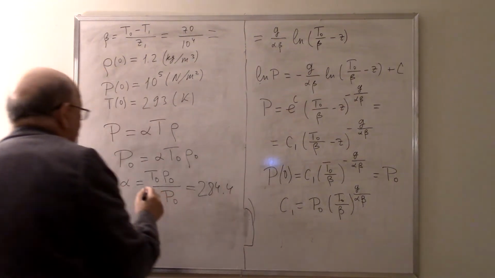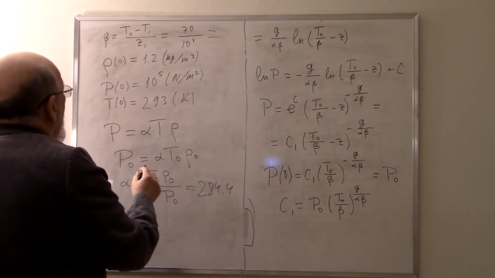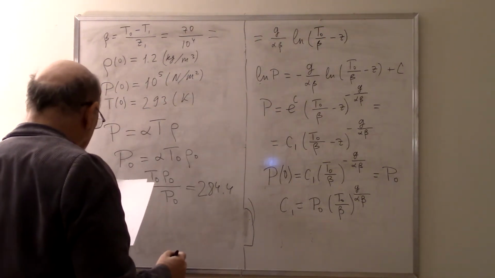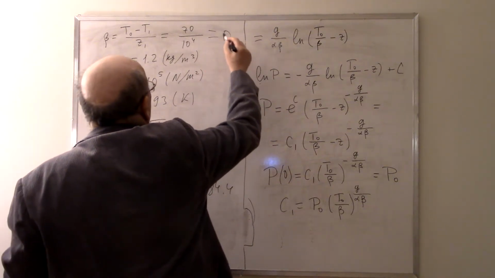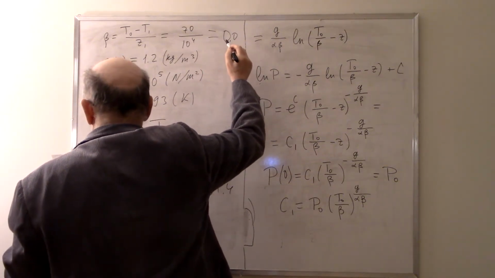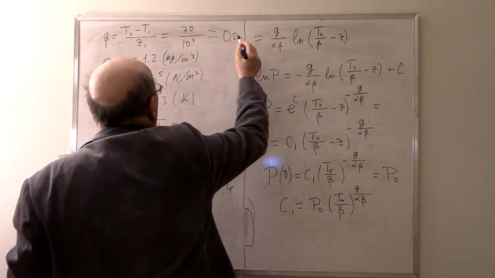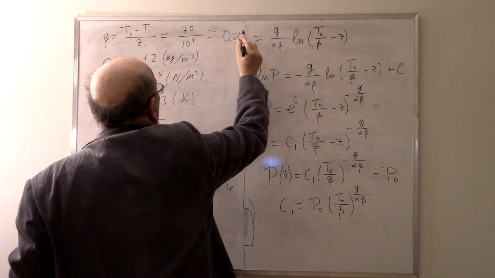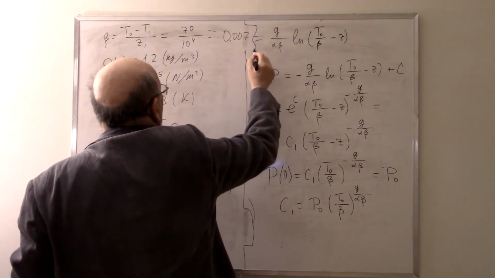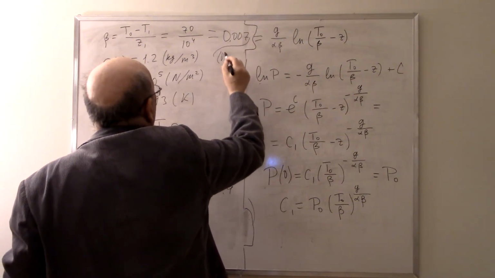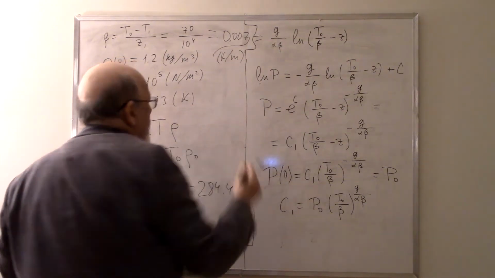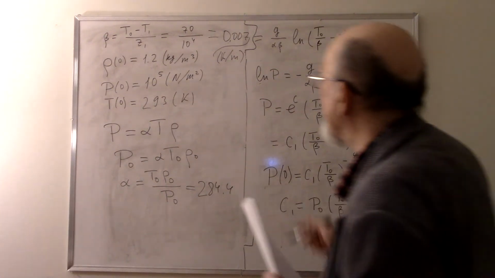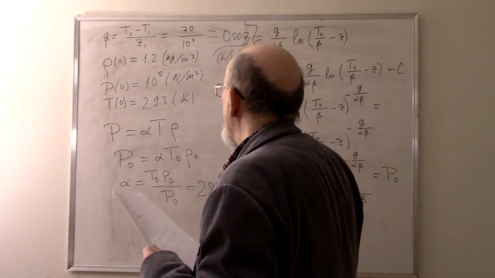Alpha is 284.4, if I take these values of rho 0 and so on, and beta is 0.007. It is measured in Kelvin per meter. So for every meter higher, the temperature decreases by 0.007 Kelvin.